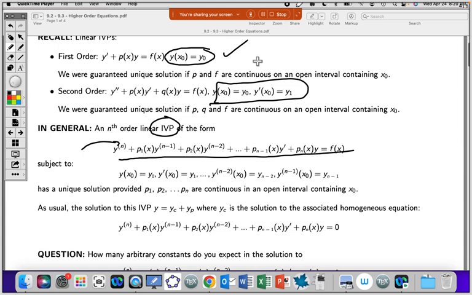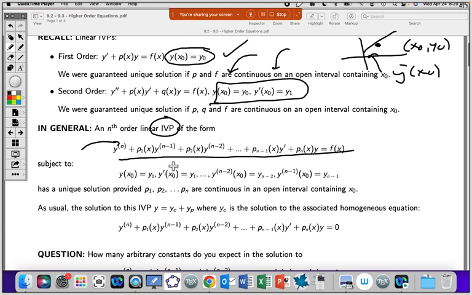And to be an initial value problem as opposed to a boundary value problem, we're given information about the function and the derivative at the same point. So once again, what that means is we're given a point on the graph, and then we're given the initial slope. Okay?